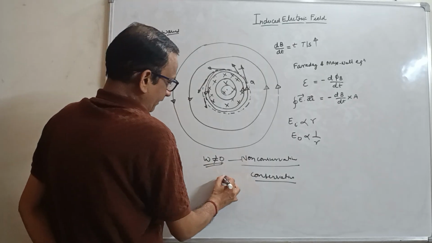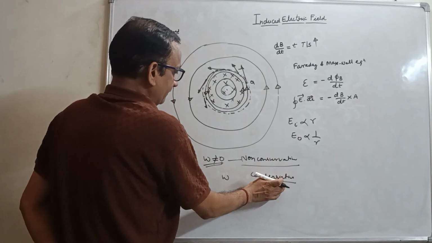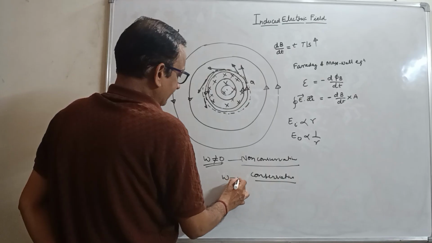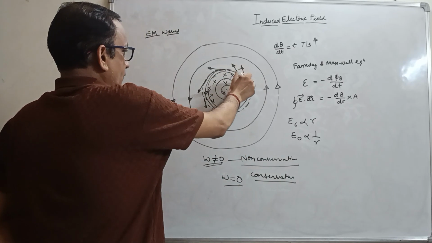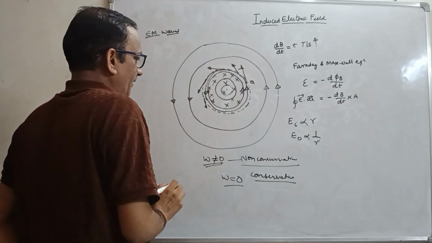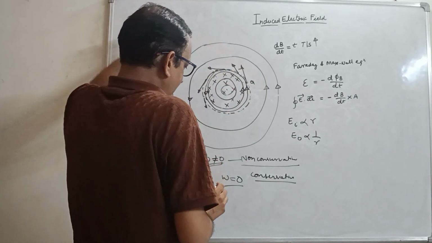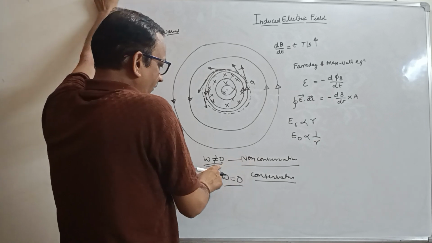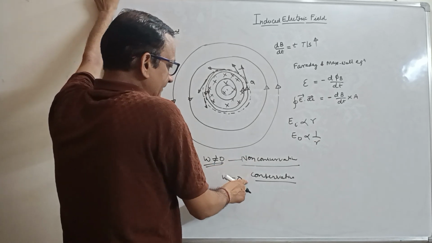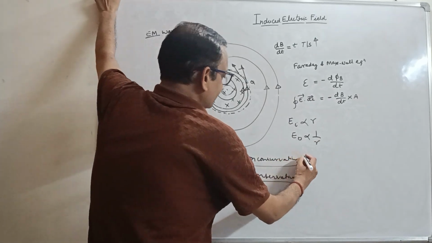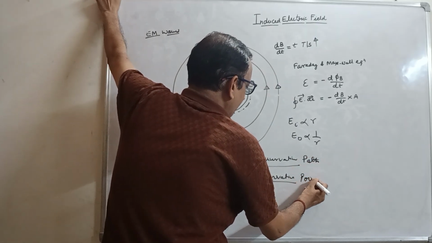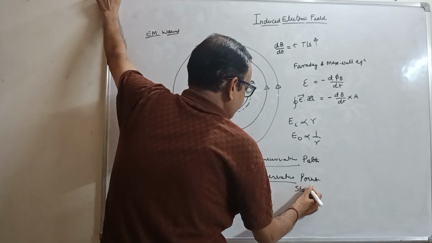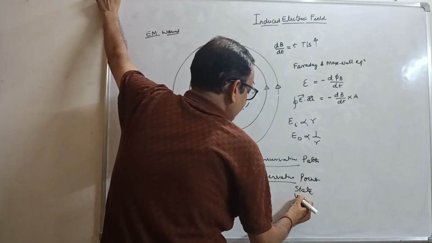But for a conservative electric field, the work is zero to move the charge in a circular loop. So for the non-conservative field work is not zero, here work is zero. This is a path function, it depends on path; this is a point function or state variable.